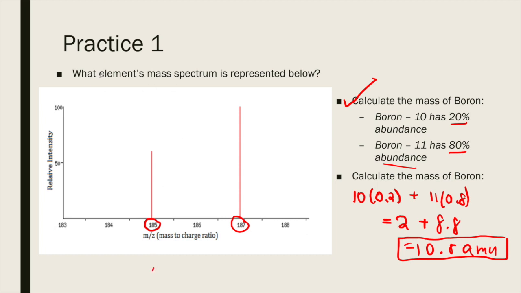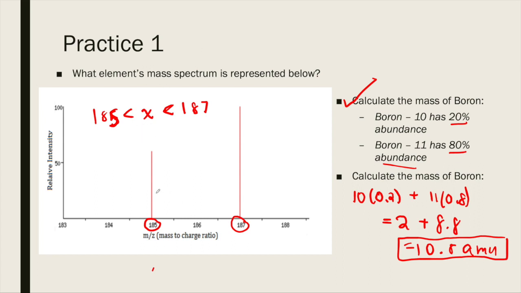185 has to be less than this element X and X has to be less than 187. And we know it cannot be equal to because then this will be the only peak there is. There won't be two peaks. So it can't be equal to.